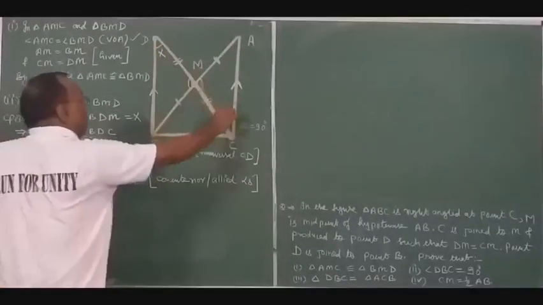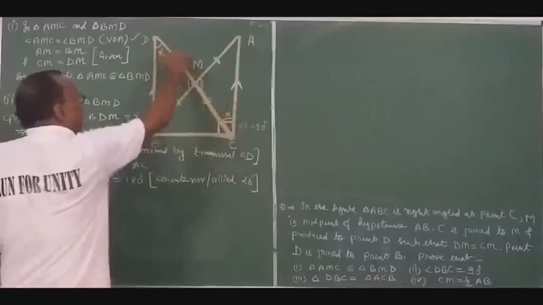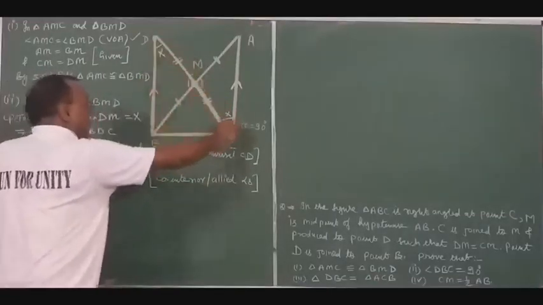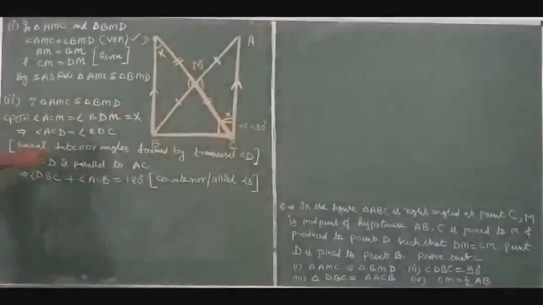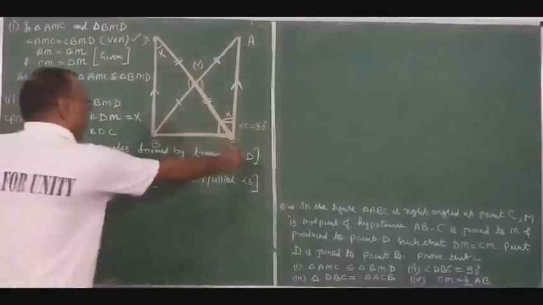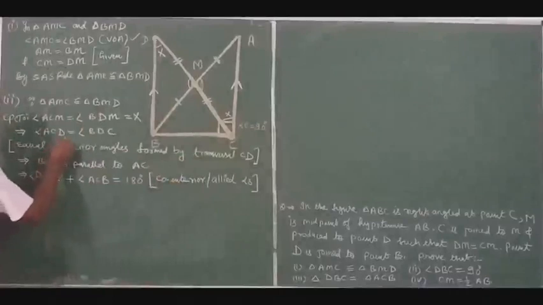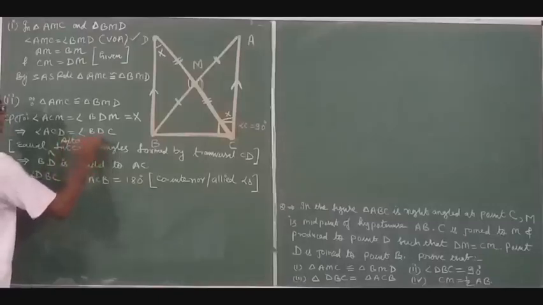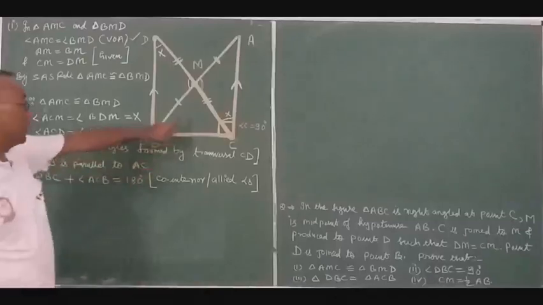So now these are the alternate interior angles, and they are also equal. They are made by this line segment DC. It means DC is a transversal. So these two are equal alternate interior angles formed by transversal CD.